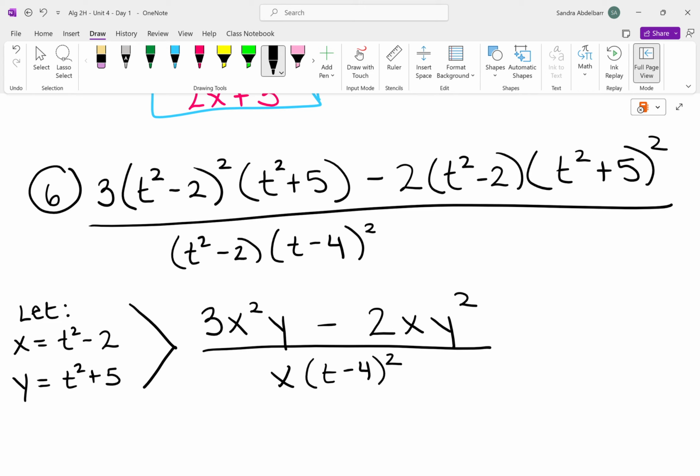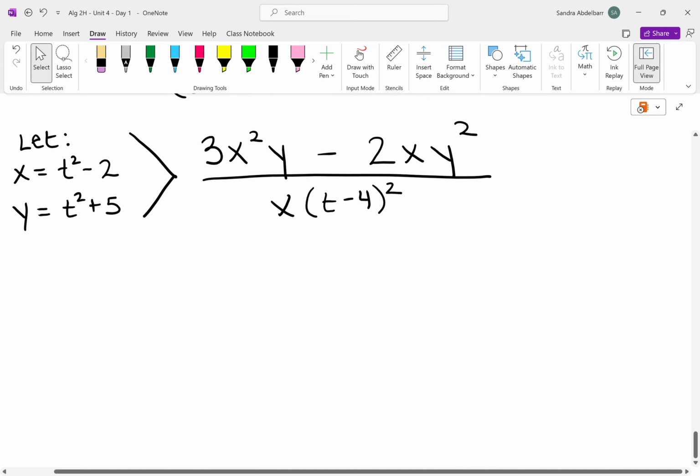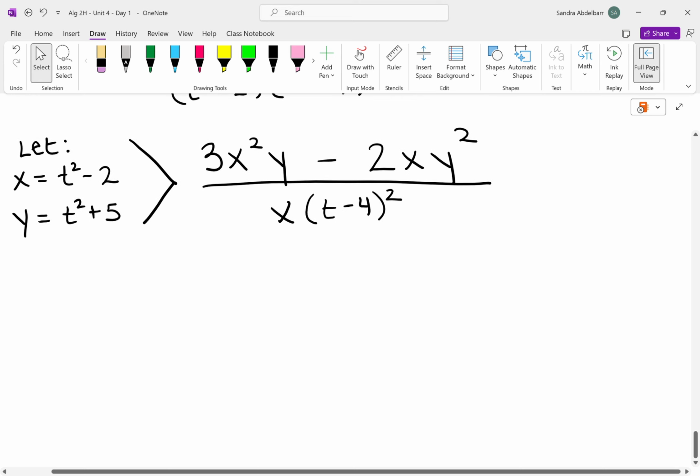Okay, are we ready? Is everybody okay with how I went from this to this? Because this looks a lot less intimidating. Do you agree? Looks a lot less intimidating.